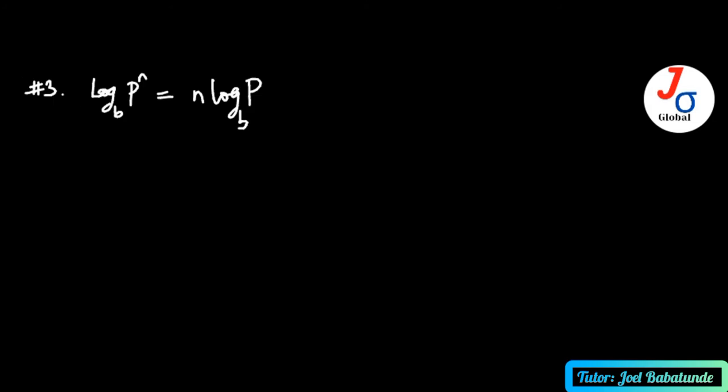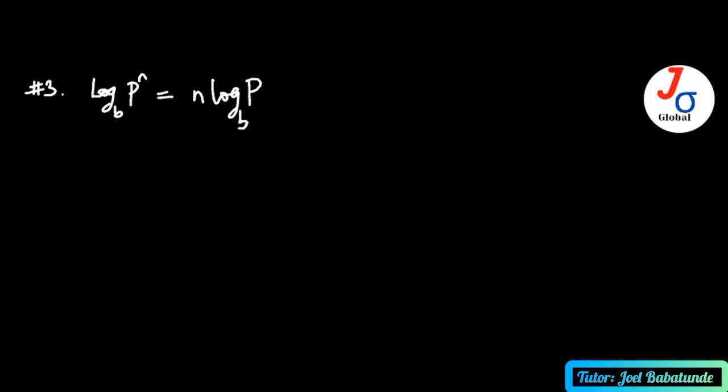Then you have the third law of logarithm. Then you have log p raised to the power of n base b, and that's going to give us n log p base b. So what they basically did was take this index and took it to the front of the log. So let's see an example.